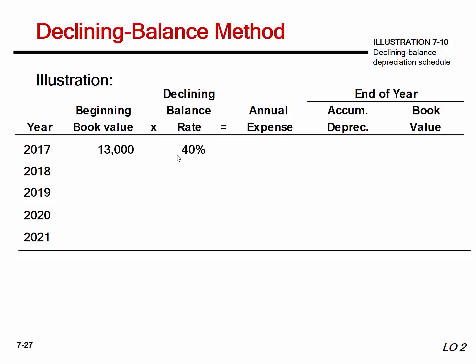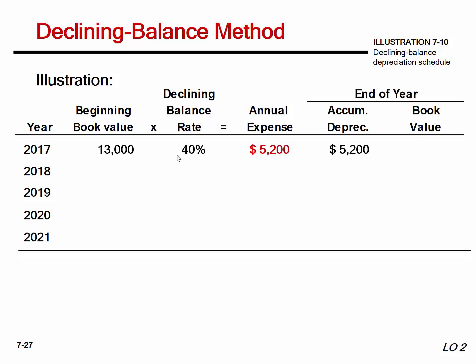Taking the 13,000, multiplying it times 0.4, we get an annual expense of $5,200 for year one and year one only. Journal entry remains the same. Increase depreciation expense, $5,200. Increase accumulated depreciation, equipment, $5,200.